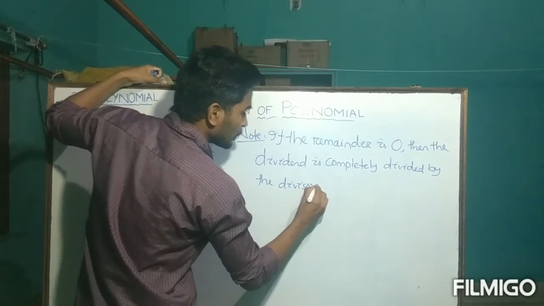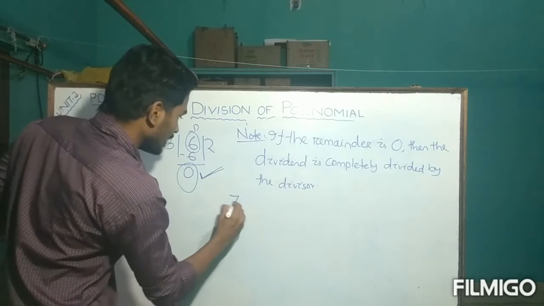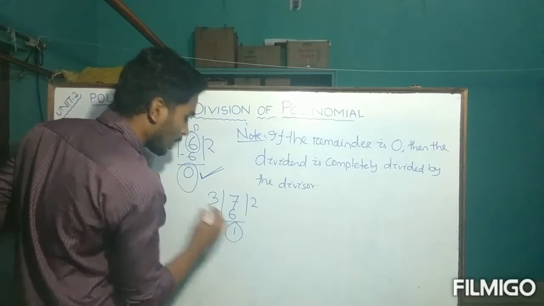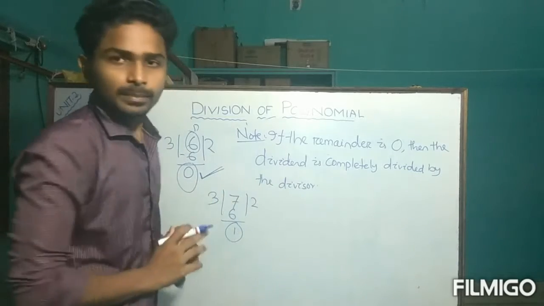Understood? So 7 divided by 3, we get the remainder 1. So this note is clear.